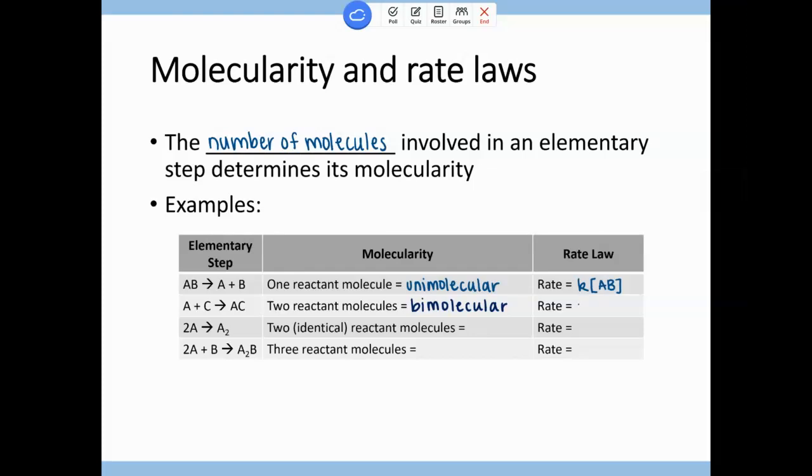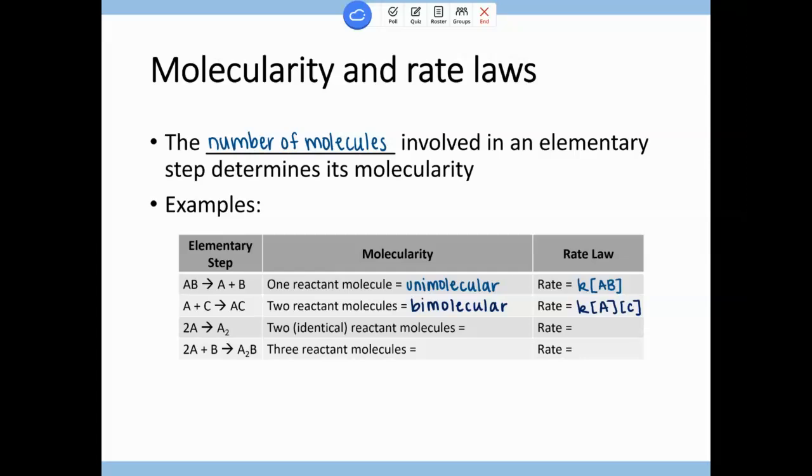And so the rate is equal to the rate constant times the concentration of each of those reactants. Bimolecular reactions have a reaction order of 2 overall. It's first order with respect to A, first order with respect to C, so second order overall. Two reactants, bimolecular, reaction order of 2.